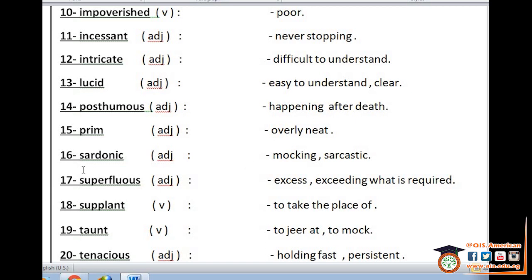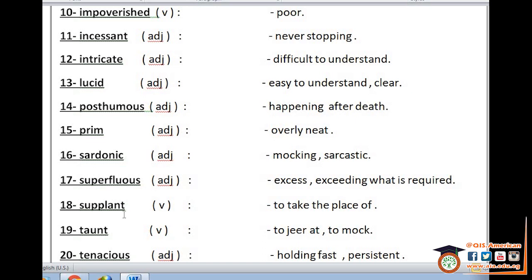This is sarcastic. Number 17, superfluous. When you say superfluous words, a superfluous piece of work, this is extra or excess, exceeding what is required. Not necessary, not required. It's extra work or an extra part, superfluous.